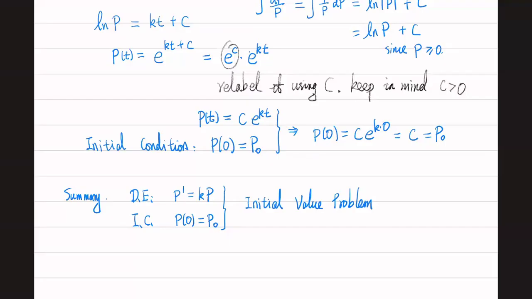So it means we are given the initial condition and we give the differential equation. We want to find the general population at any time. And we have a solved solution.